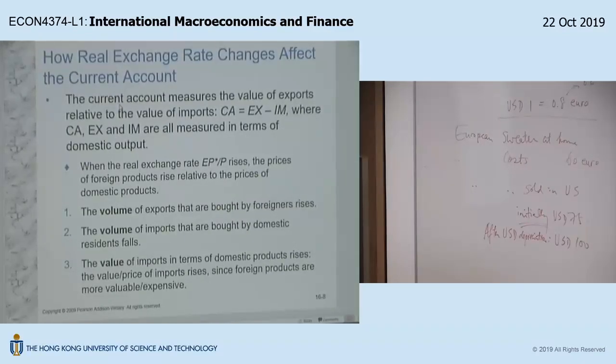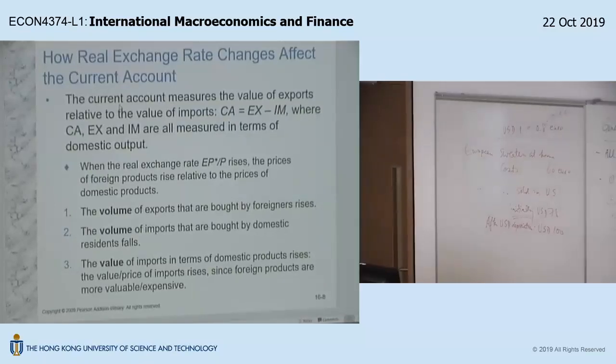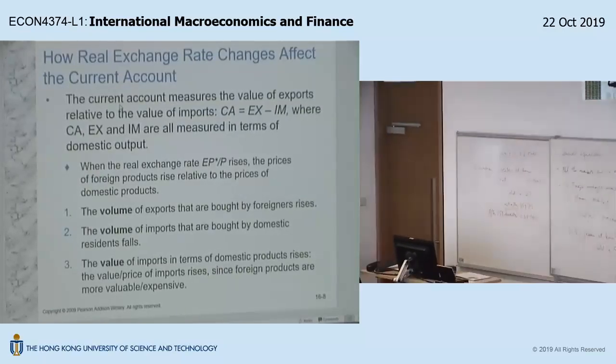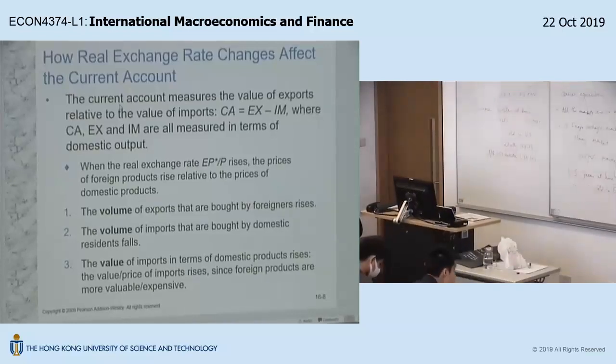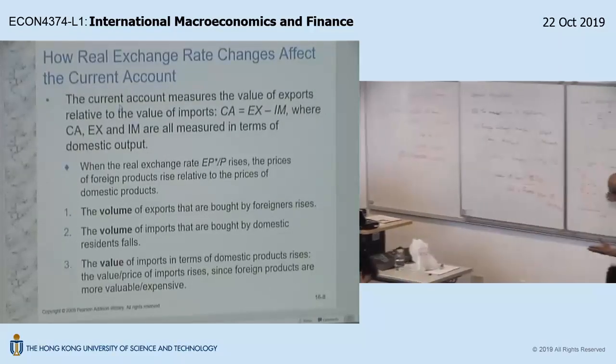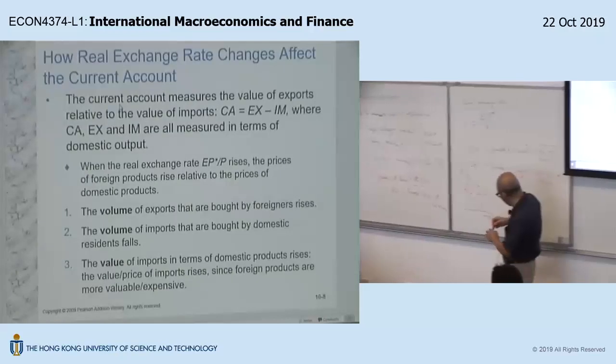Now, the export will definitely increase, but import may increase or decrease. Import may also increase if this increase is a lot. It really depends on the elasticity, in particular the elasticity of demand for imports.